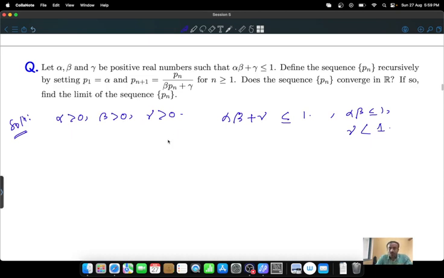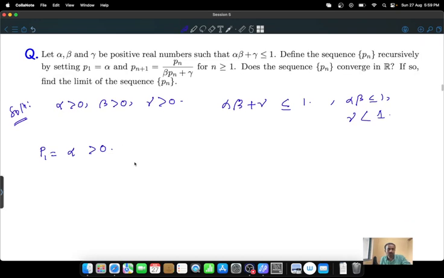So now come to this problem, where I am constructing a sequence Pn by setting P1 equals alpha, which is positive. Now I shall inductively, I think you have seen this type of sequence. Sir, I have a doubt.